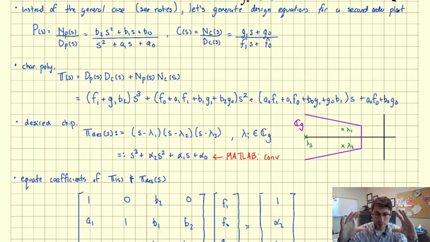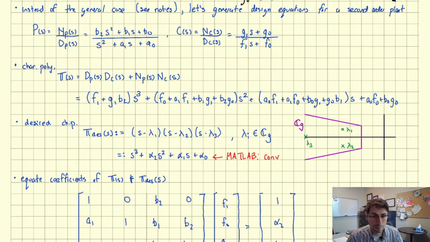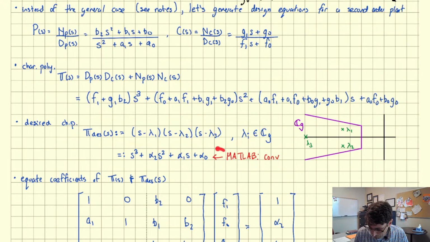If we hook those two things up in unity feedback, we will get the following characteristic polynomial, this complicated thing. Okay? We then said, okay, but we have a desired characteristic polynomial. We multiplied that all out, and we got the desired characteristic polynomial. So we want the actual closed loop characteristic polynomial to be equal to this desired characteristic polynomial. Okay? So then we just compared coefficients. So the coefficient on s cubed has to equal 1.